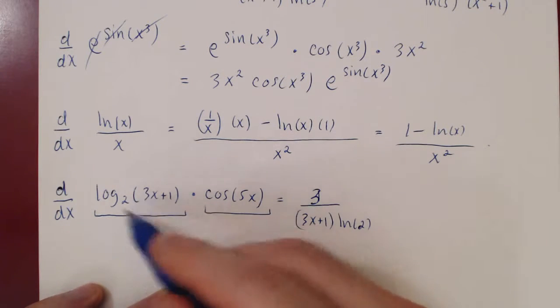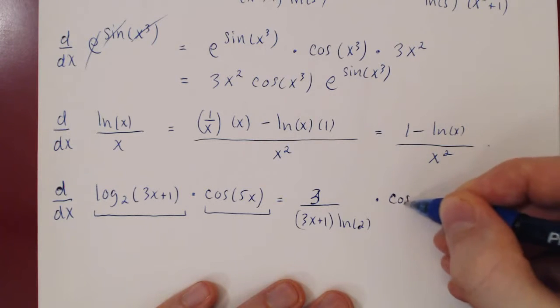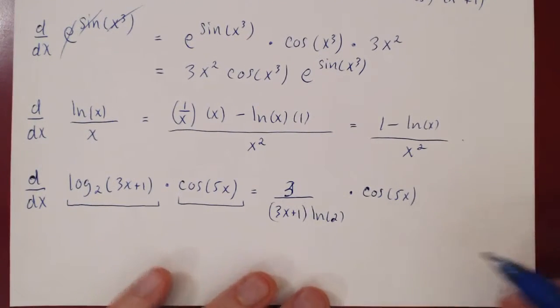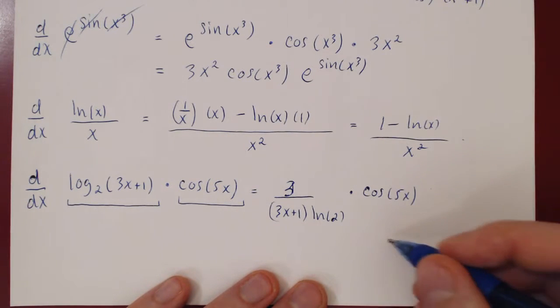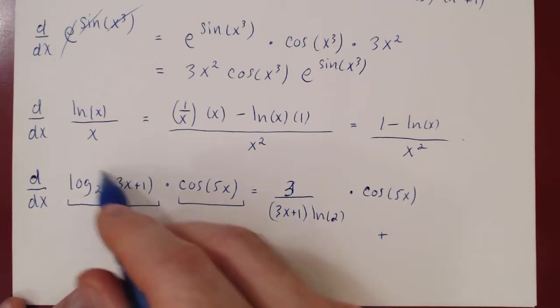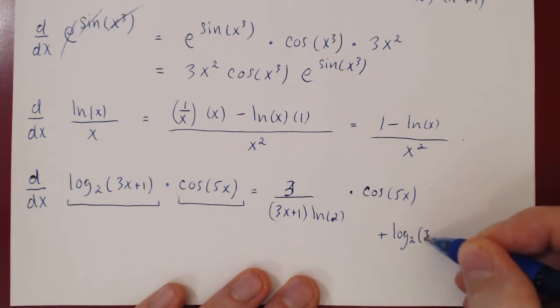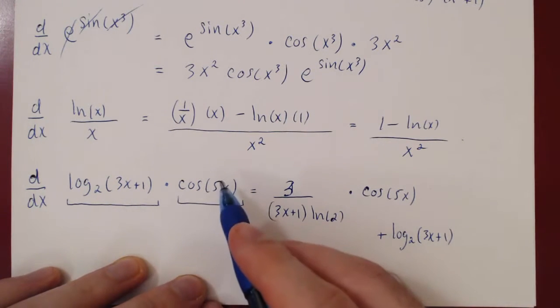So that's the derivative of log times the second function, so cosine of 5x. But that's only half of it, right? So plus, I'm running out of space here, so I'll just write the plus here. So plus the first function, log base 2 of 3x plus 1, times the derivative of, now the second function.